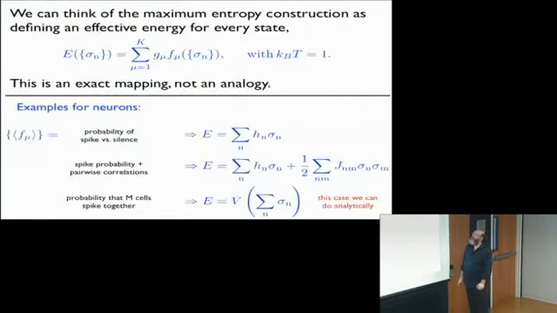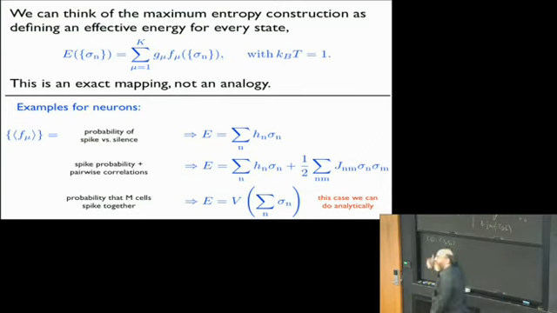The other piece of physics intuition is that if you notice the form of the distribution, it is the Boltzmann distribution with that energy. And it's really important that this is now an exact mapping. This is not "life is like a river and birds are like magnets." It's the same equation. So that means that if you've chosen some set of expectation values to match, then you have built a model which assigns to every state an energy.